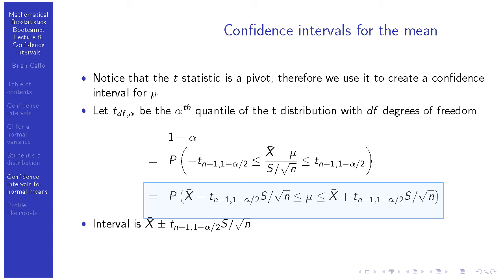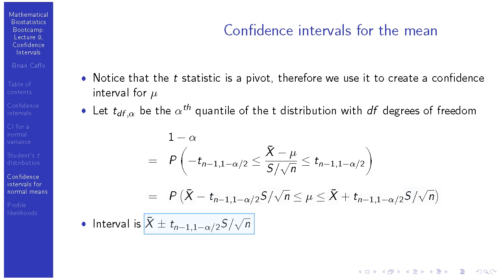That random interval contains mu with probability 1 minus alpha. If you look at the form of this interval, that happens to be x bar plus and minus the upper quantile from the t distribution times the standard error. And that's why I took only the upper quantile. That way we can write it as plus minus. Okay, so that's how we wind up with these intervals.